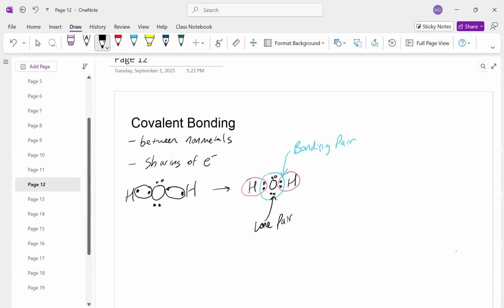And then what we do to make this a formal Lewis structure, and we will spend a lot of time on drawing Lewis structures, so this will make more sense later, is we use these lines to represent a bonding pair of electrons. Each line represents two electrons, or a bonding pair.